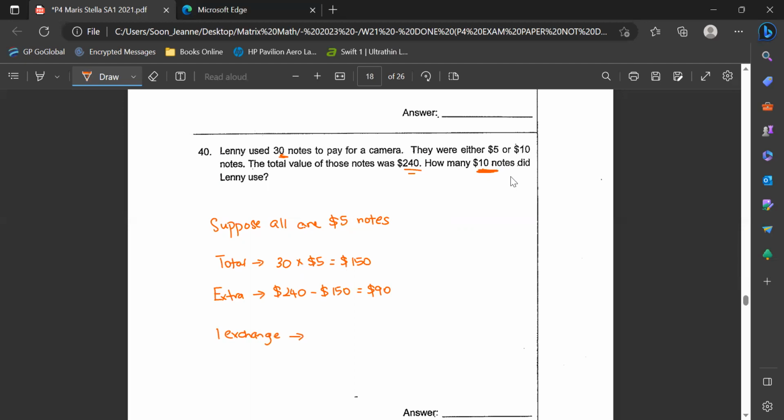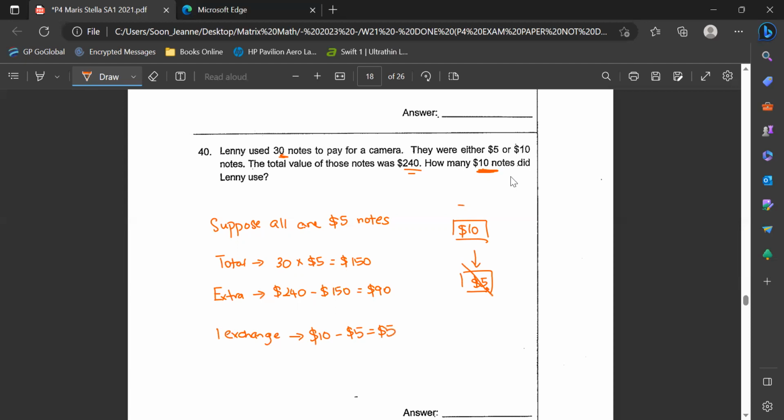So we are going to exchange a $5 note for a $10 note, right? Can you see that we're exchanging for a bigger group? So a $10 note is actually $5 more than a $5 note. The difference between a $10 note and a $5 note is 10 minus 5, $5.